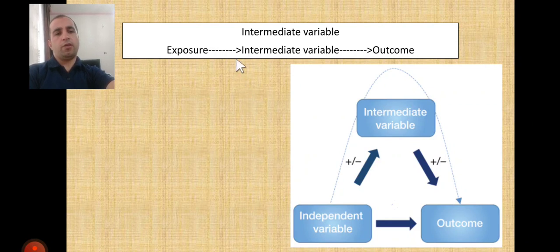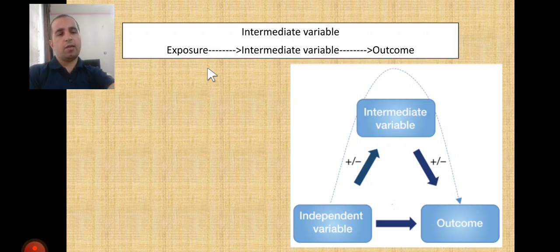Here in the box on the top, you can see the association path between exposure and the outcome and the intermediate variable between. So the intermediate variable is a variable which is located between the exposure outcome association path. In other words, the exposure explains its effect through a variable which is located between the exposure and the outcome.